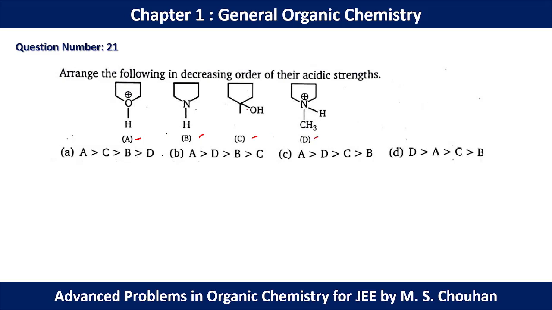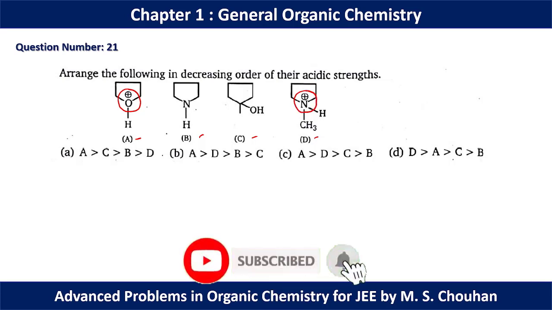If we see the stability, we can see in this position we have positive charge over oxygen, which is an electronegative atom, and in this molecule we have positive charge over nitrogen, which is again an electronegative atom. Positive charge over any electronegative atom is not at all a stabilizing situation. So in these two molecules we can have a dissociation of H plus readily.